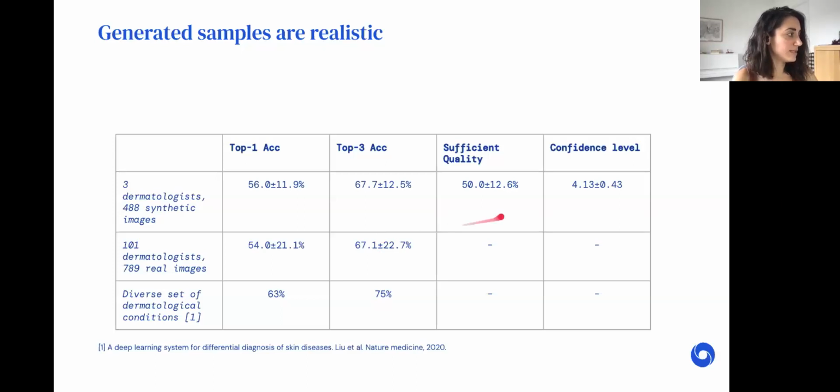The only caveat is that only 50% of the images was considered as of sufficient quality. But when it was of sufficient quality, then dermatologists were actually quite confident. So this is a score out of 5. On average, they gave a 4.1 score out of 5 in terms of confidence in their diagnosis. And this is just a ballpark number, 75% for top 3 accuracy from a more diverse set of dermatological conditions than the ones these 2 numbers correspond to.